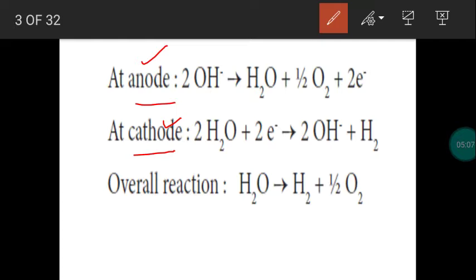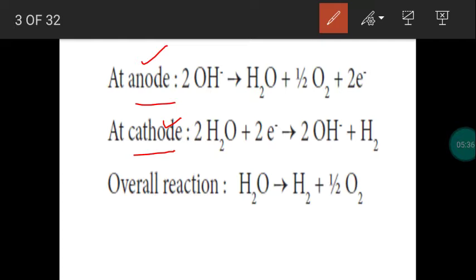Okay. So consider a water molecule. How will the water molecule be separated? Usually into H plus and OH minus. So during the electrolysis, what will happen? As I said, in the case of sodium chloride, it is separated into cation and anion, Na plus and Cl minus. In the same way, we have taken water as an electrolytic solution. When electricity is passed, water will also be separated into two components.